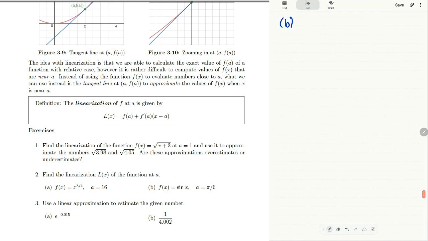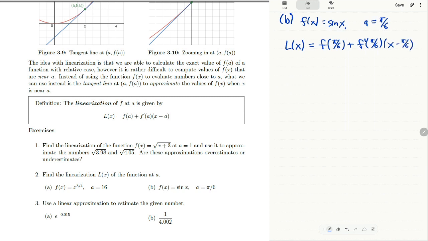In the next example, we have f is the sine of x, and we want the linearization at pi over 6. So L of x is f of pi over 6 plus f prime of pi over 6 times x minus pi over 6. So let's first find f of pi over 6. This is the sine of pi over 6, which is 1/2.